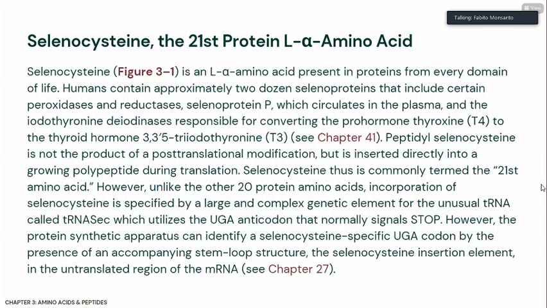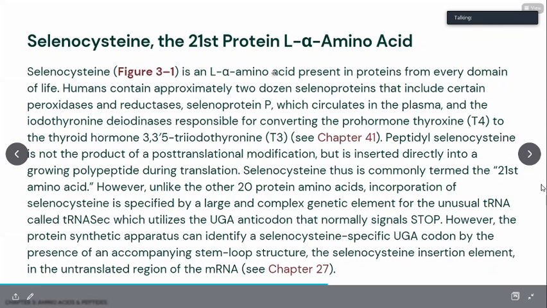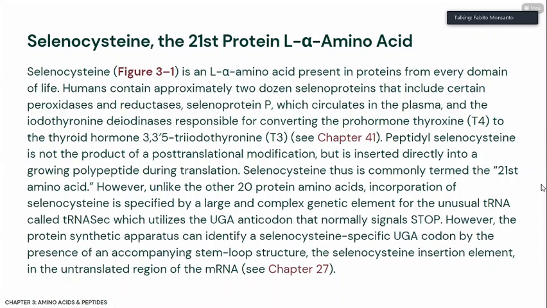All right, so we have here the 21st protein amino acid. Although this is not coded in the genetic code, it is coded in the tRNA.